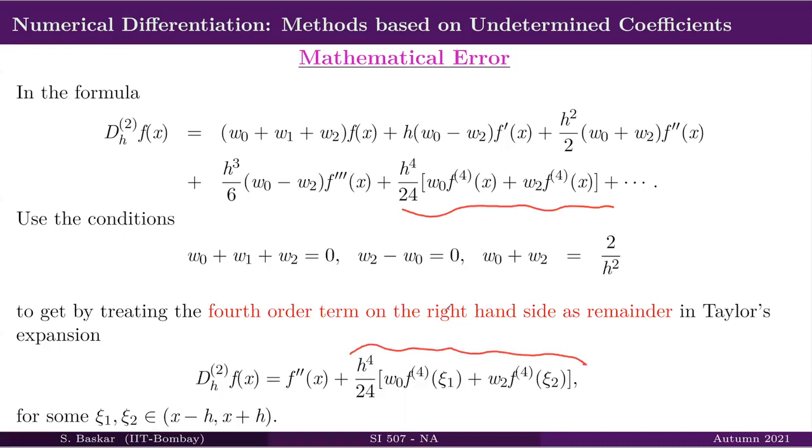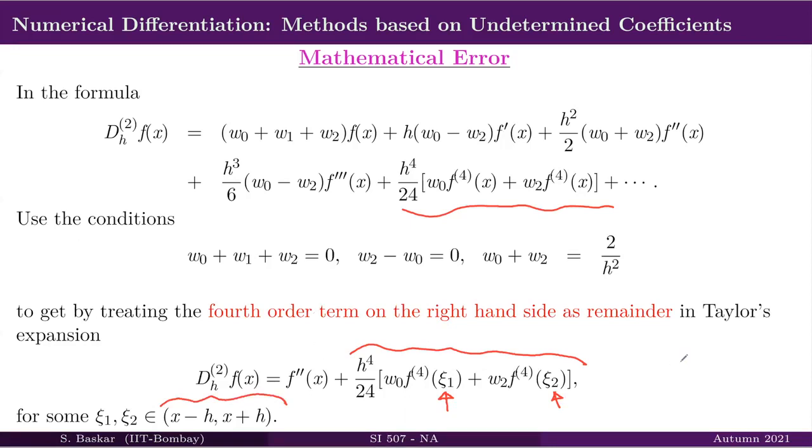Since you are carrying this as a remainder, it will involve two unknowns, say xi1 and xi2. If you recall in the Taylor formula, the remainders involve unknowns, right? And these unknowns in this particular case lie between x minus h and x plus h. So that is how you have to derive your mathematical error.